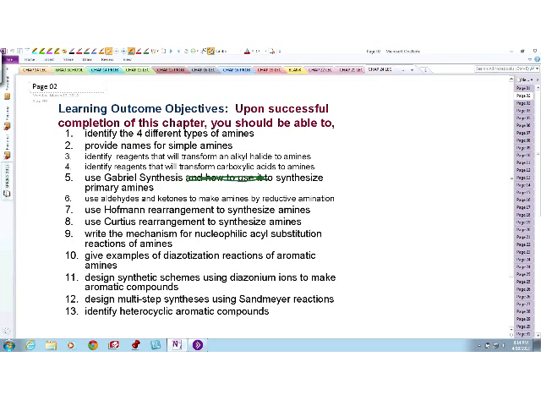These are the concepts and topics that you should master upon completion of the content of this chapter. So I urge you to come back to this slide and use it as a study guide for your quizzes and your exams.